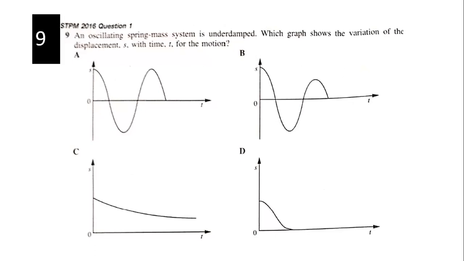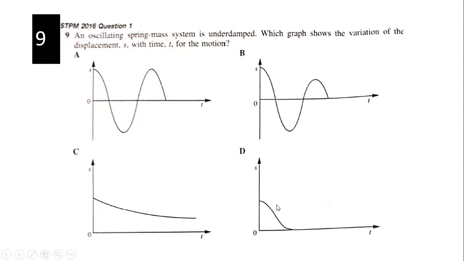An oscillating spring mass system is underdamped. Which graph shows the variation of displacement with time for the motion? Underdamped is C. Oh, sorry, B is overdamped. Underdamped is the other one, my mistake.